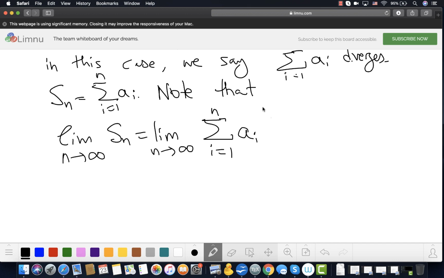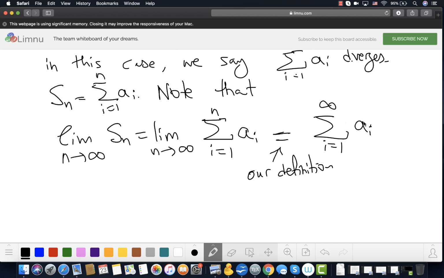And so it makes sense to define this, this is our definition, as the sum i goes from 1 to infinity of a sub i. This is exactly what we're saying. We're defining this quantity as the limit of the Sn's. Right? So you can see symbolically it makes sense.